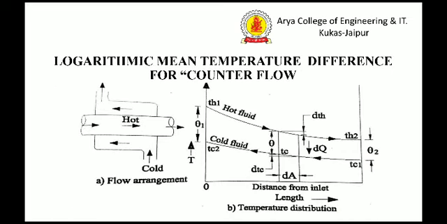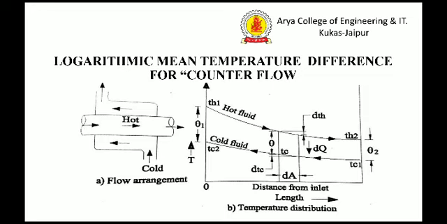Now we come to the counter flow. In the counter flow heat exchanger, hot and cold fluids flow in the different direction, as we can see in the diagram. The left hand side diagram shows the flow arrangement, and the right hand side diagram gives the temperature distribution.